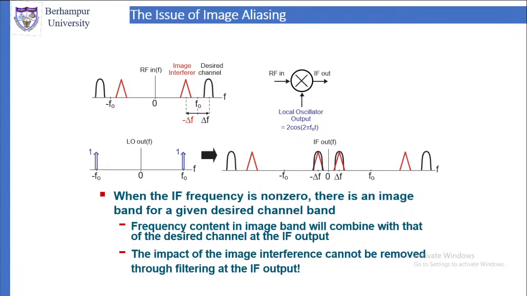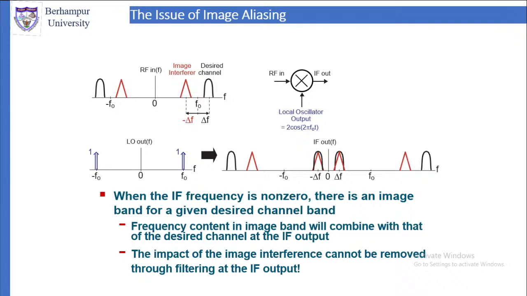That we can easily filter out, or the part which has moved beyond plus minus F0 can be filtered out using the image rejection filter. So the only problem is this part where they have overlapped, the image interferer and the desired channel.